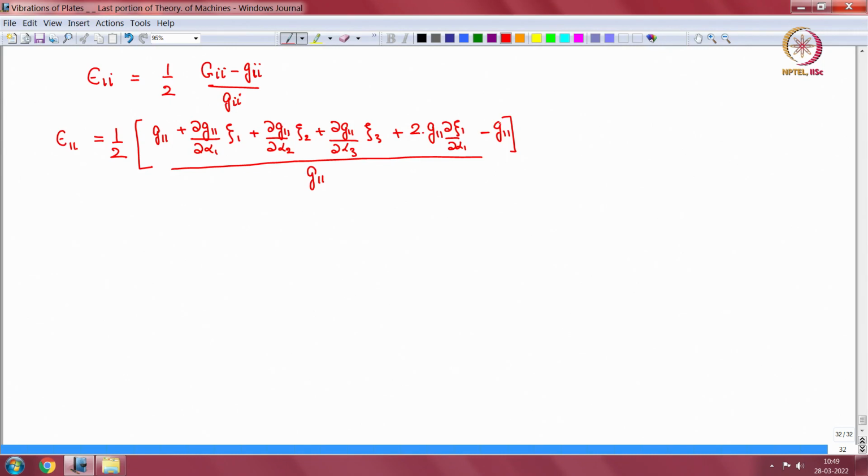Okay, so now this G11 cancels with that G11. So let us see, we have G11 given by A1 squared 1 plus alpha 3 by R1 whole square.